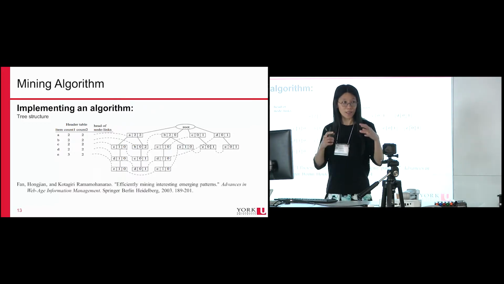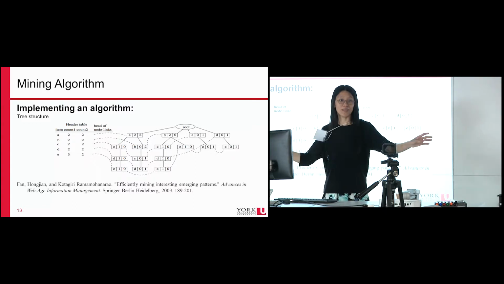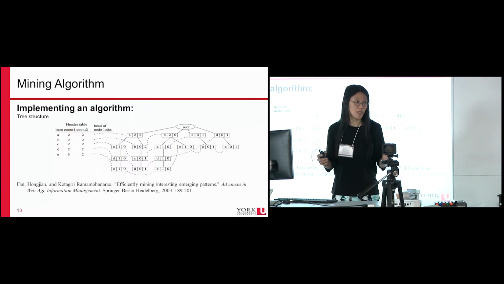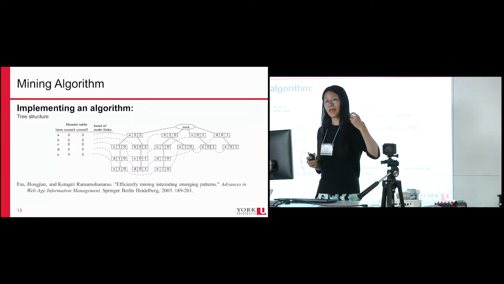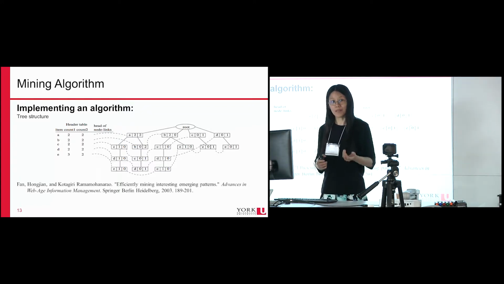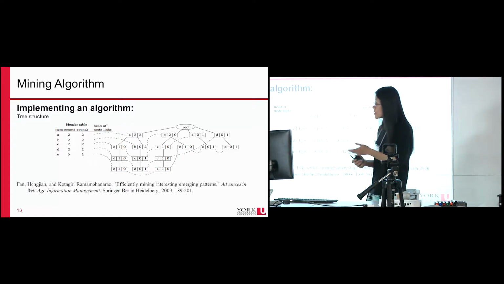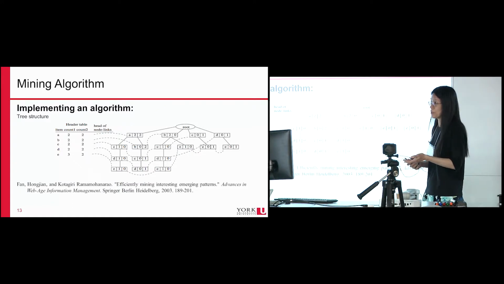A contrast pattern is a subset of all the items in the data set, and a data set contains thousands of items. The number of possible contrast patterns is 2 to the power of the number of items, so it is exponential.